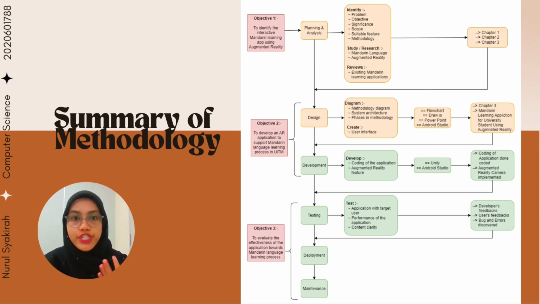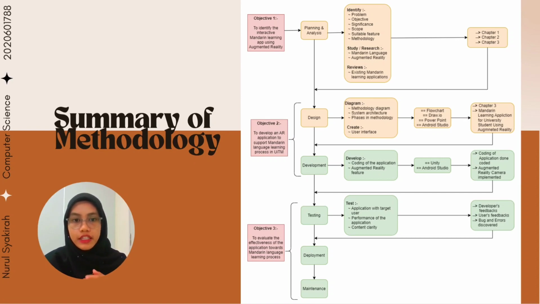So the problem, objective, significance, scope, and features have been analyzed and planned in this phase. So the second and third phases, which are design and development, go with the second objective, which is to develop an augmented reality application to support the Mandarin language learning process in UiTM.